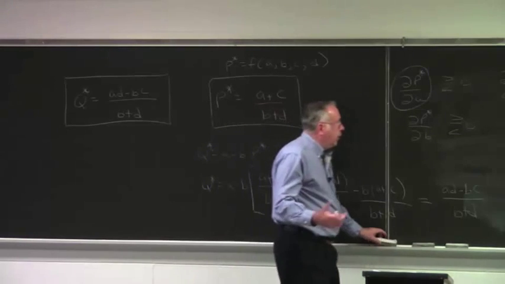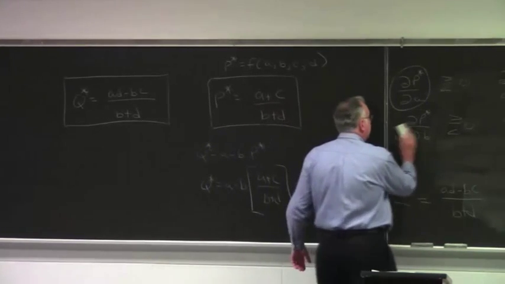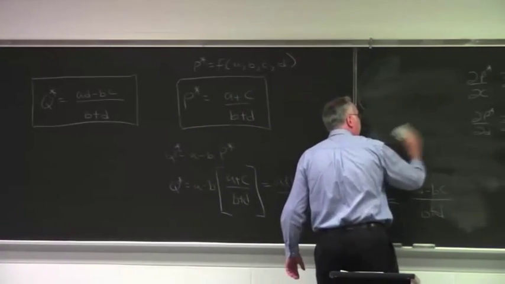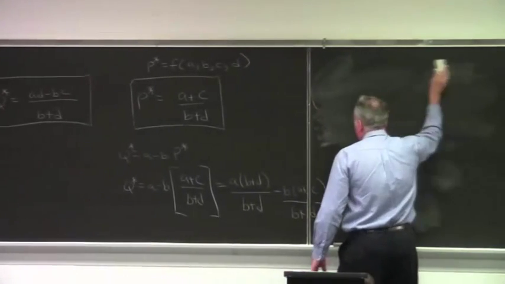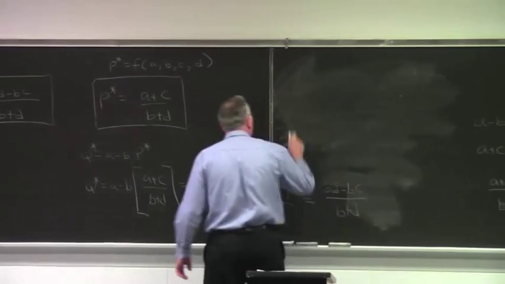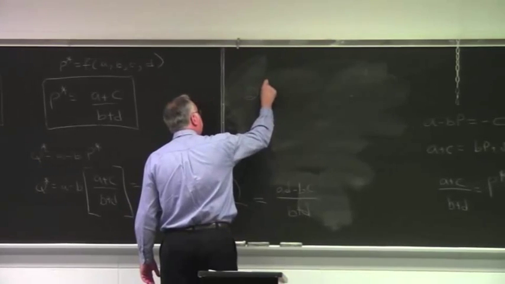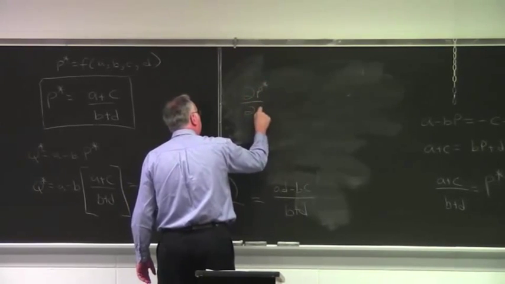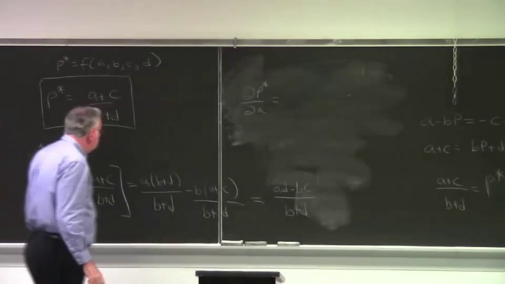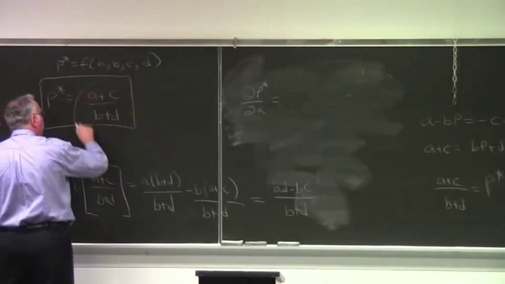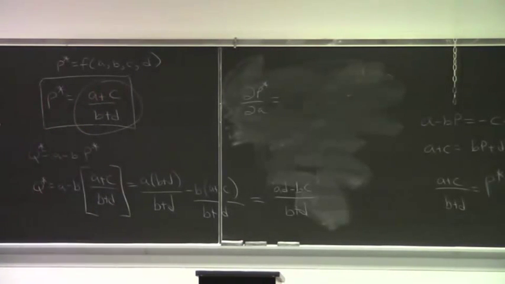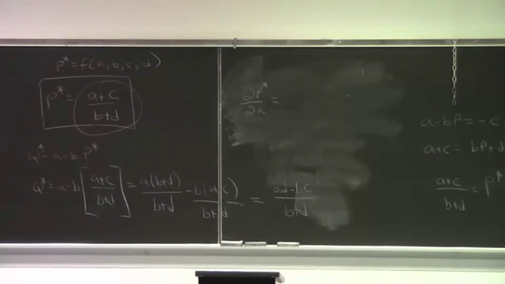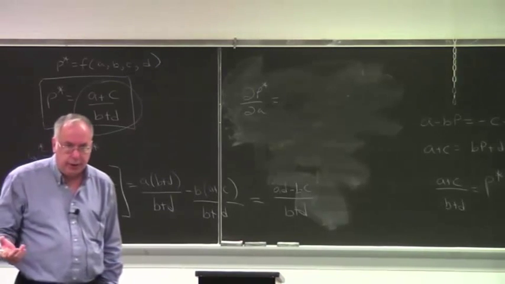So let's go ahead and do the comparative static analysis. What is partial p star partial a? We can solve for it. All you do is take this expression and you take the partial derivative of that right-hand side with respect to a. There are a couple of ways of doing this.